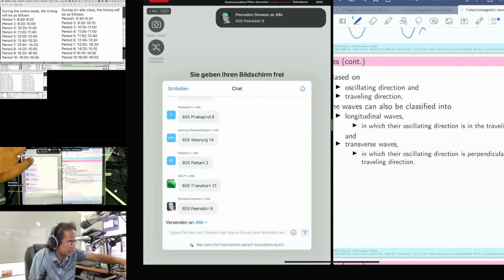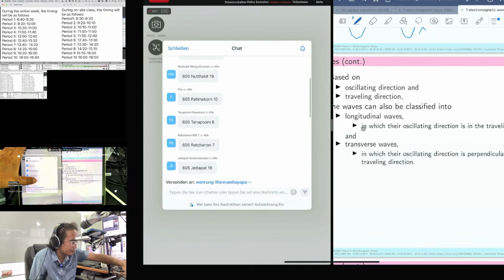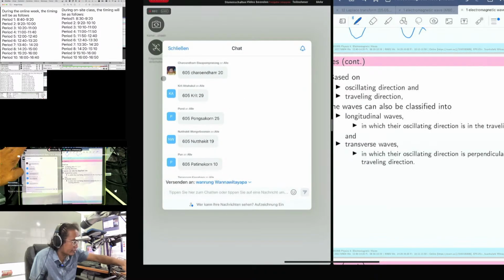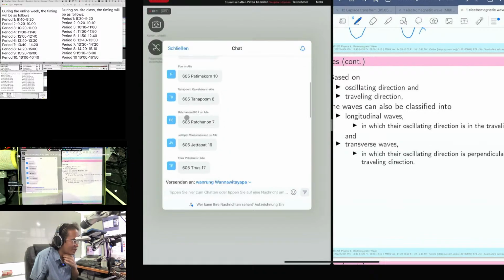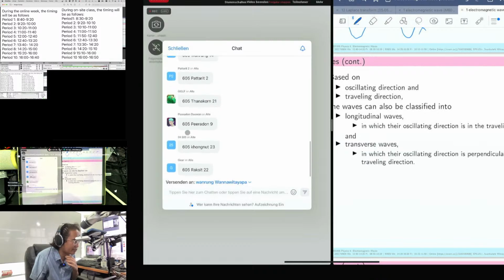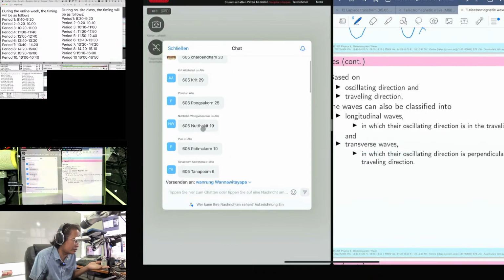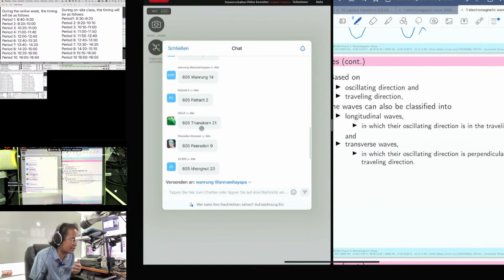One thing I didn't mention to you is that according to our agreement, you may have to write down your name, right? 605. It's sufficient to write down 605 for the first person, but you don't have to write down 605 every time. Only the first person, so that I can differentiate you from the students in M604. But it's fine if you say 605 all the time, though I prefer your number first and then your name.